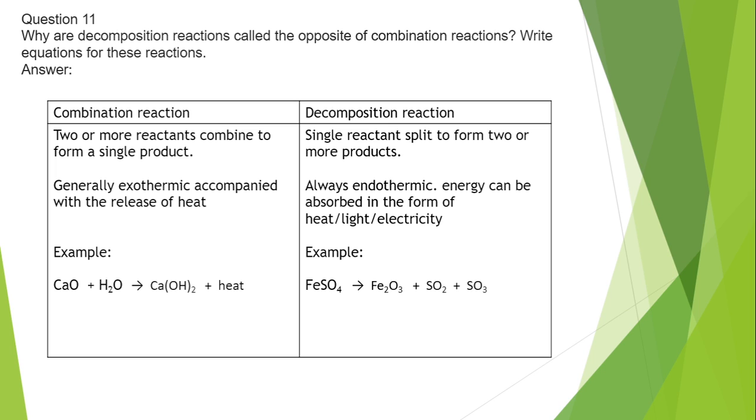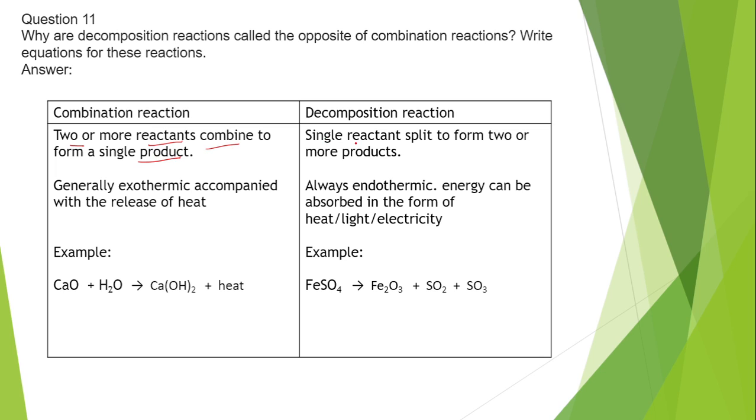Next question. Why are decomposition reactions called the opposite of combination reaction? Write equations for these reactions. So combination reaction means what? In combination reaction, 2 or more reactants will combine to form a single product.